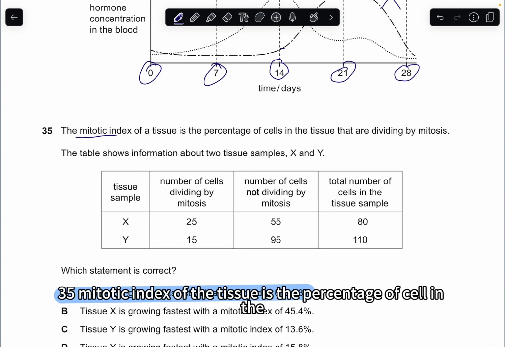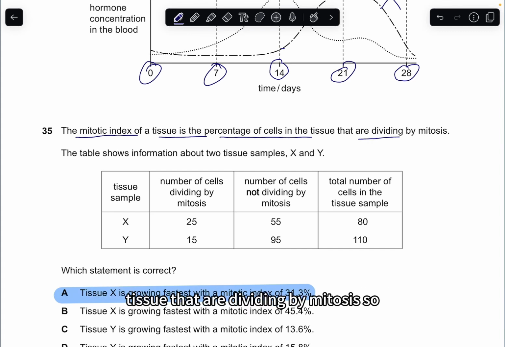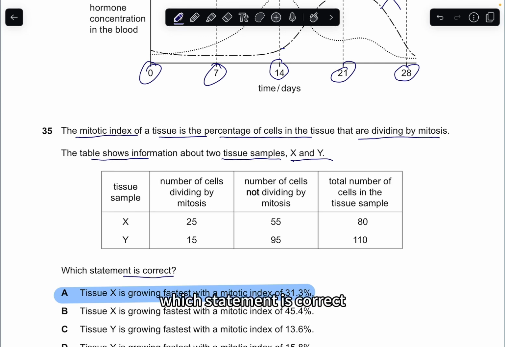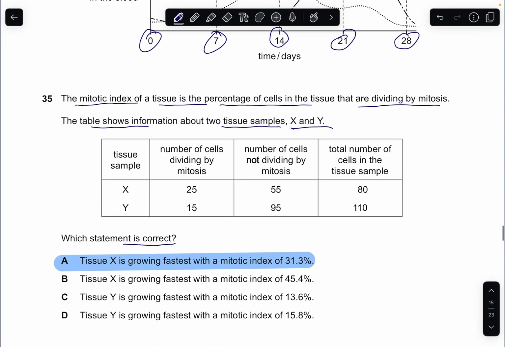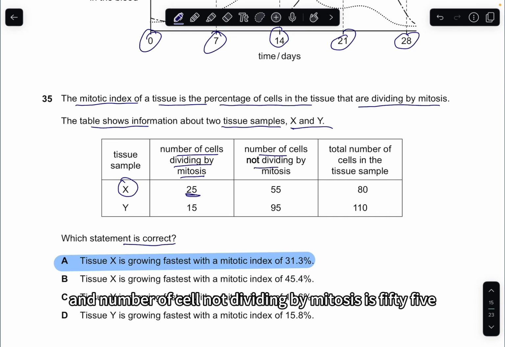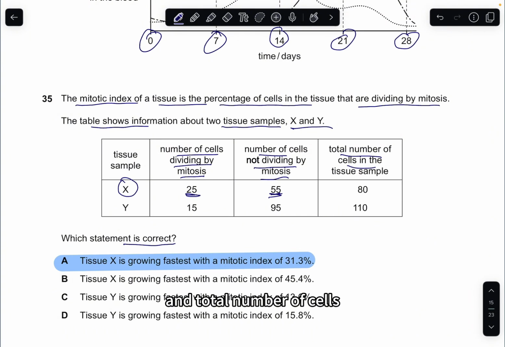Question 35: the mitotic index of a tissue is the percentage of cells in the tissue that are dividing by mitosis. The table shows information about 2 tissue samples, X and Y. Which statement is correct? For X, the number of cells dividing by mitosis is 25, the number of cells not dividing by mitosis is 55, and the total number of cells in the tissue sample is 80.